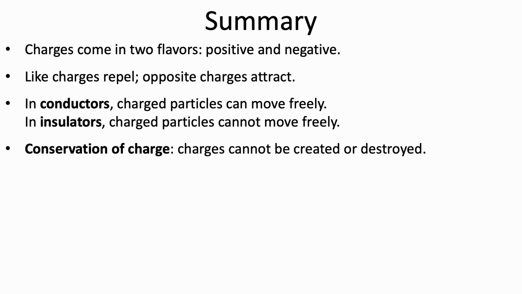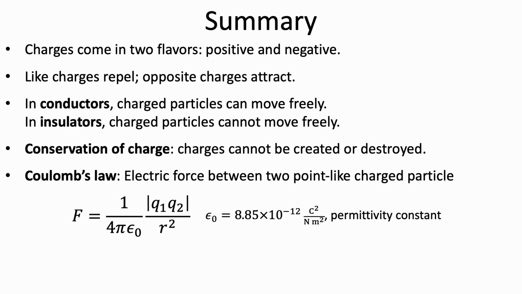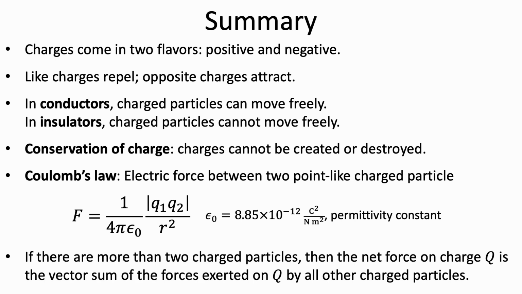The conservation of charge states that charges cannot be created or destroyed. And lastly, we saw that Coulomb's law can be used to find the electric force between two point-like charges, and it is given by this expression, where epsilon naught is a constant known as the permittivity constant. If there are more than two particles, then the net force on the charge big Q is the vector sum of the forces exerted on big Q by all other charges.